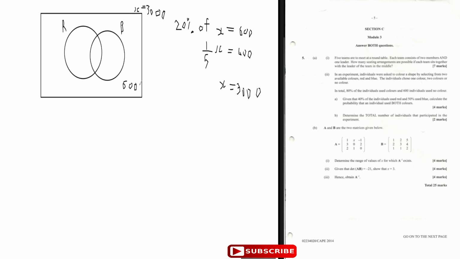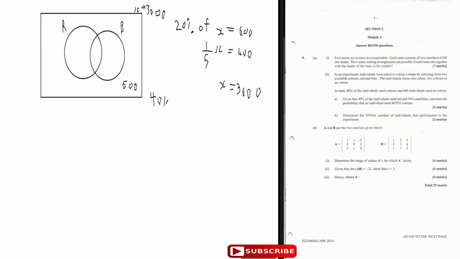And that means that 2400 use colors. 2400 is in here. And it says now, calculate the probability, given that 40% of the individuals use red. So 40% of everybody uses red.